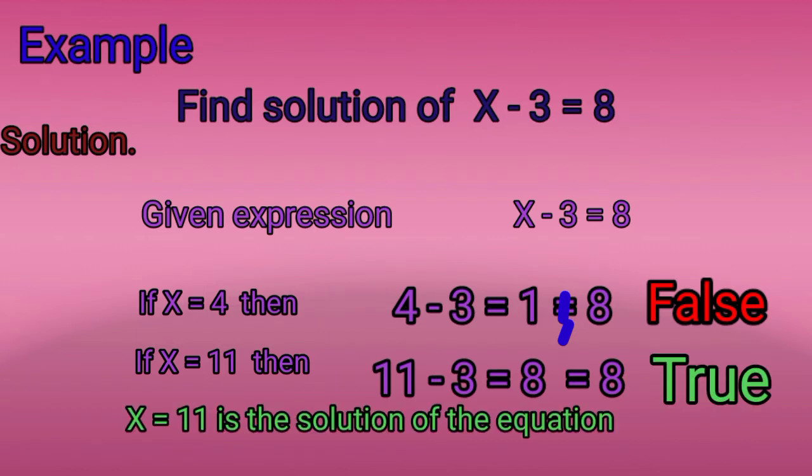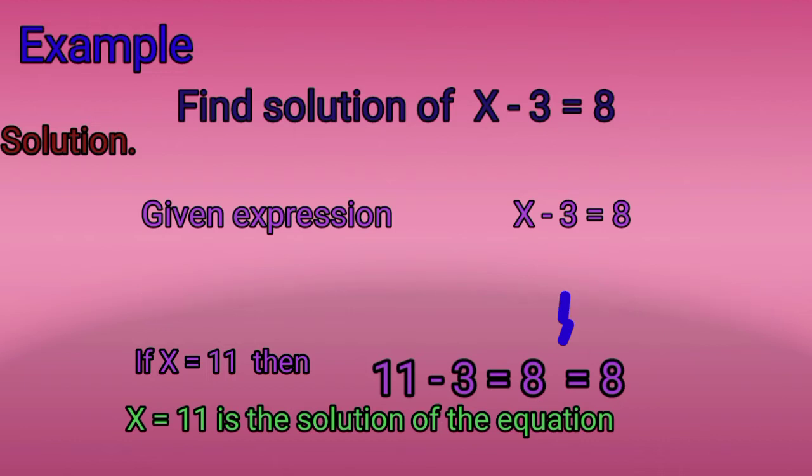If x equal to 4, then 4 minus 3 equal to 1, that is not equal to RHS 8, therefore it is false. If x equal to 11, then 11 minus 3 equal to 8, that is equal to RHS 8, that is true. Therefore, x equal to 11 is the solution of the equation x minus 3 equal to 8.